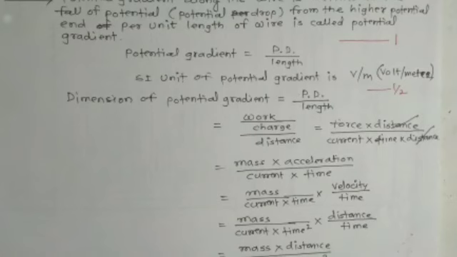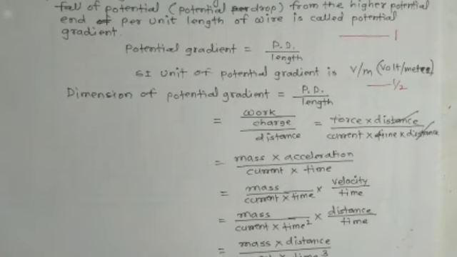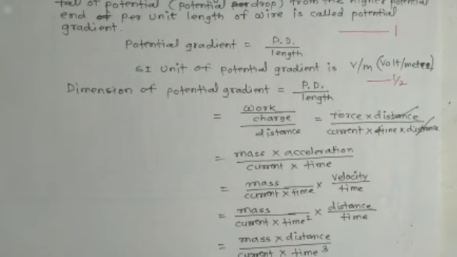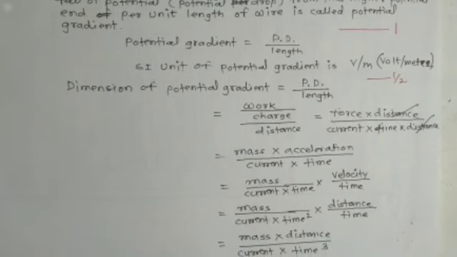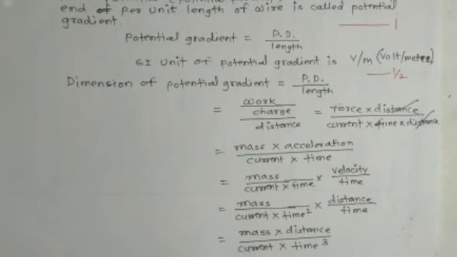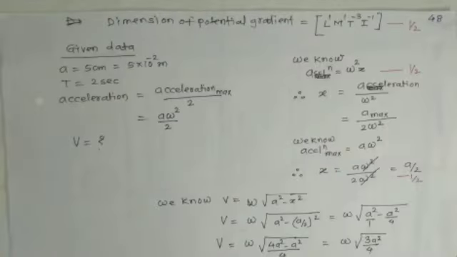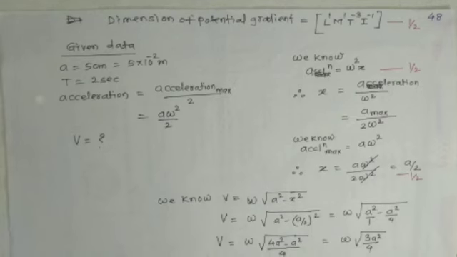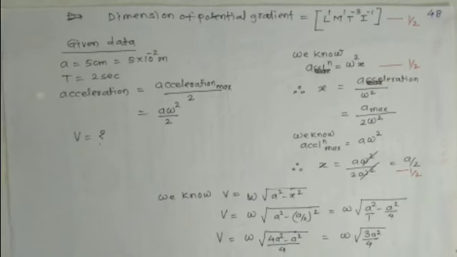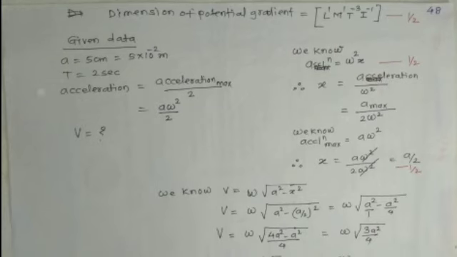Force is mass into acceleration upon current into time, mass upon current into time into velocity upon time, mass upon current into time square into distance upon time, mass into distance upon current into time cube. So, dimension of potential gradient is [L^1 M^1 T^-3 I^-1].